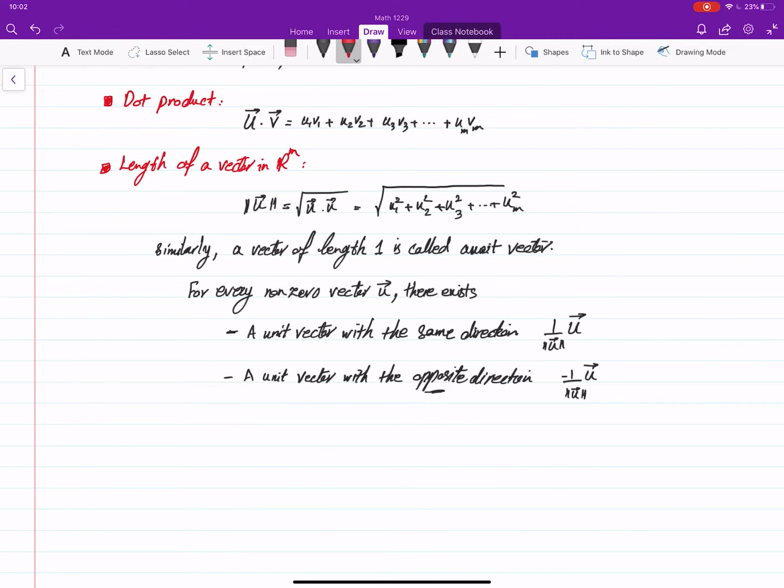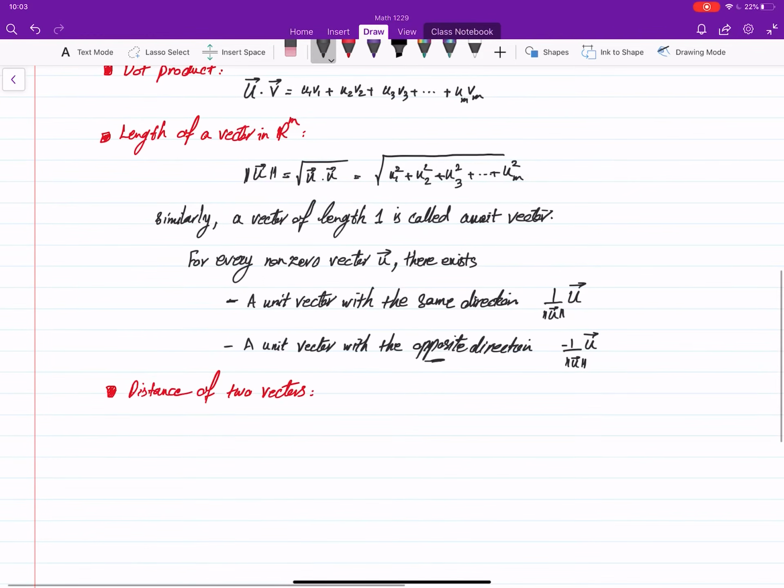But if you remember, we had more things. For example, we had the distance of 2 vectors. Again, we denote it by d of u and v, and it is basically the length of u minus v.